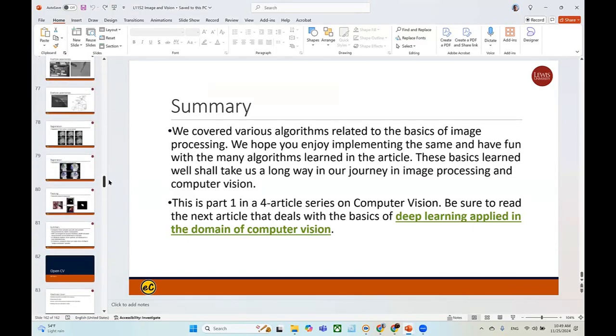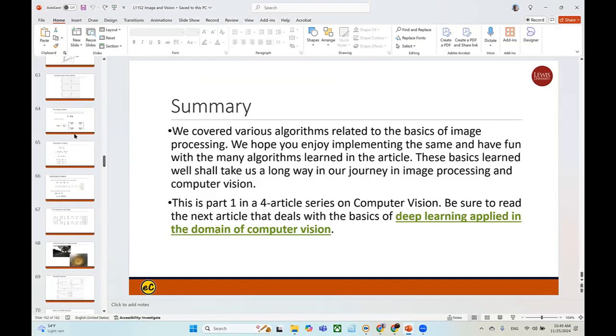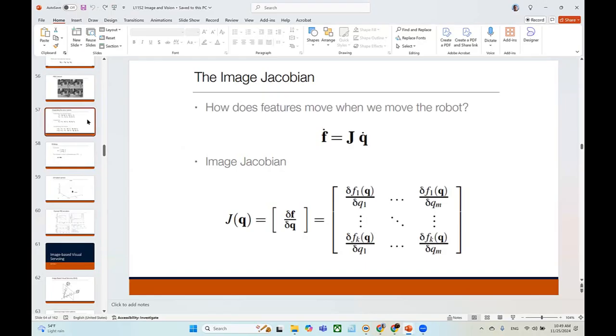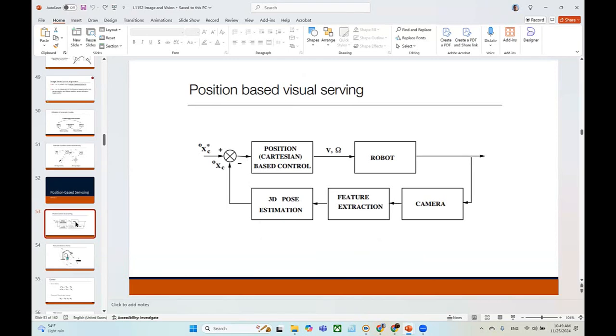The main purpose is to go over the basic topics of how you can restore your image and do feature extraction, and provide this high-level image processing result to computer vision algorithms to do pattern recognition. Any questions so far?